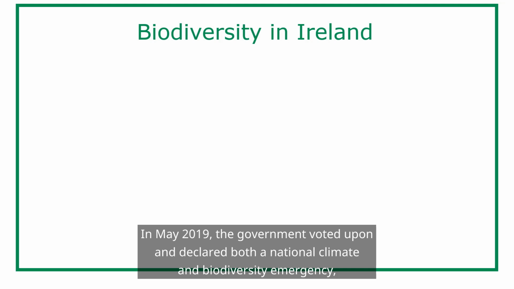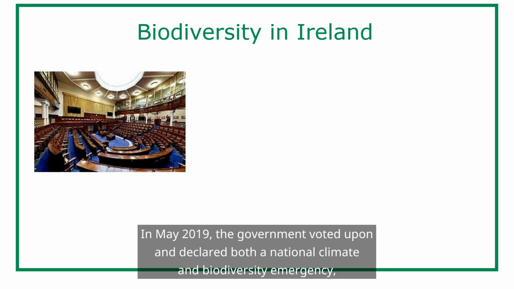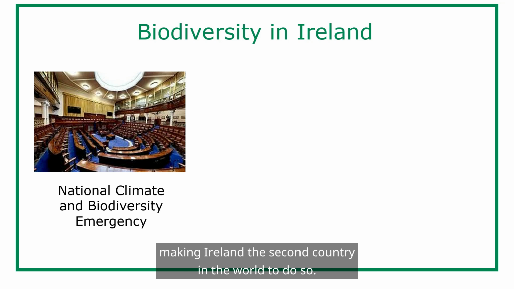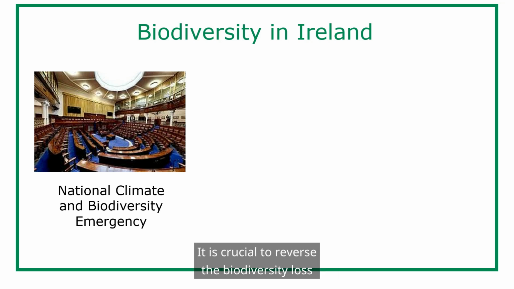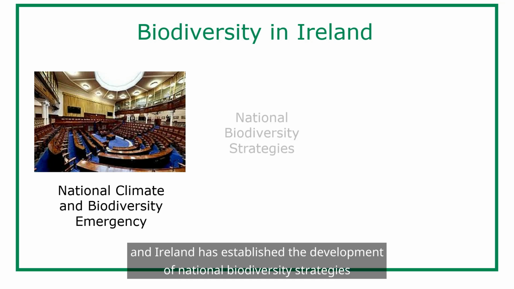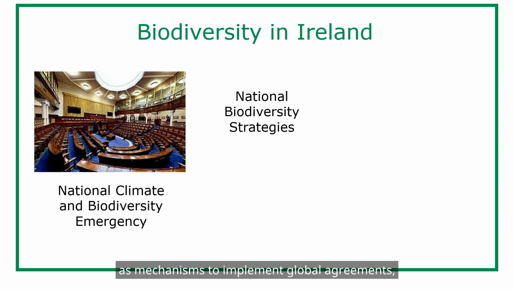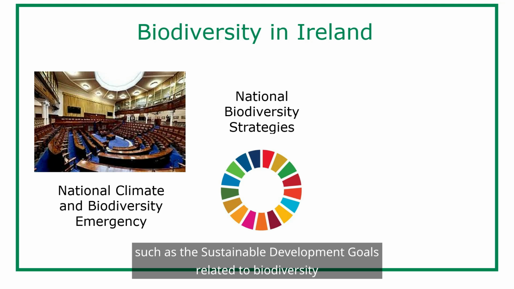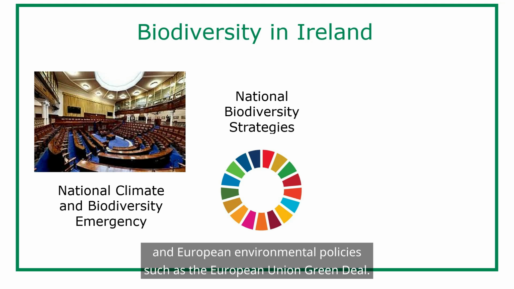In May 2019, the government voted upon and declared both a national climate and biodiversity emergency, making Ireland the second country in the world to do so. It is crucial to reverse the biodiversity loss, and Ireland has established the development of national biodiversity strategies as mechanisms to implement global agreements such as the Sustainable Development Goals related to biodiversity and European environmental policies, such as the European Union Green Deal.